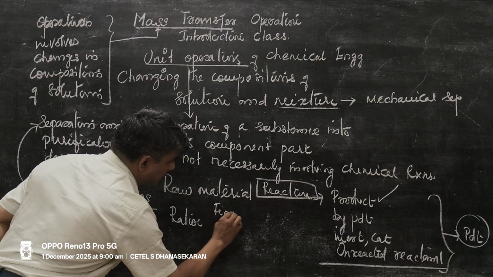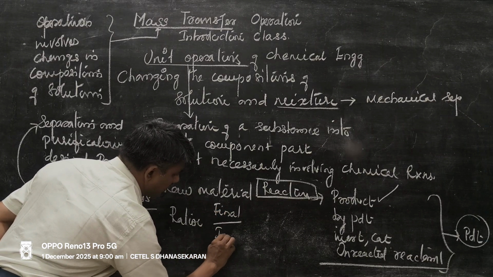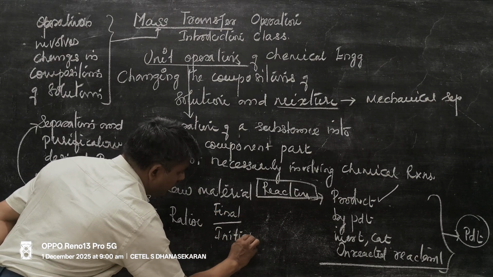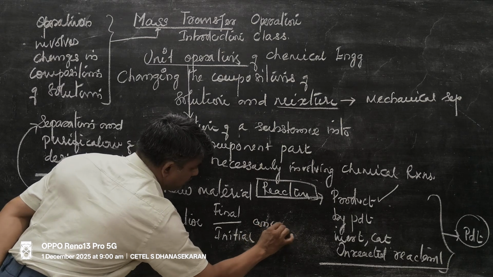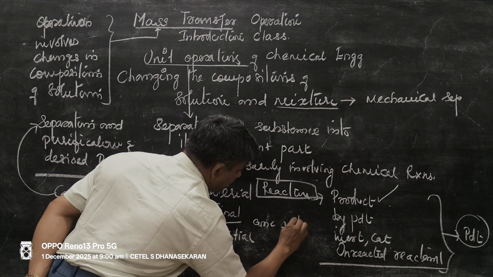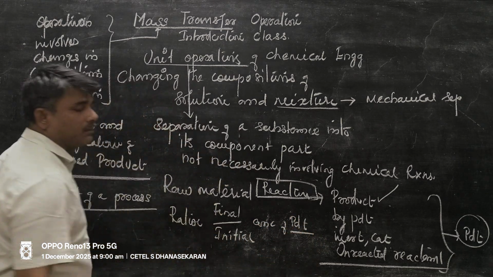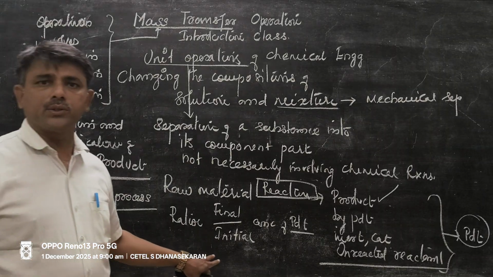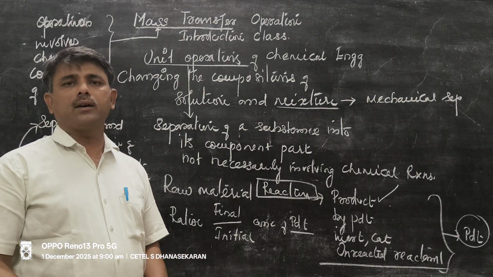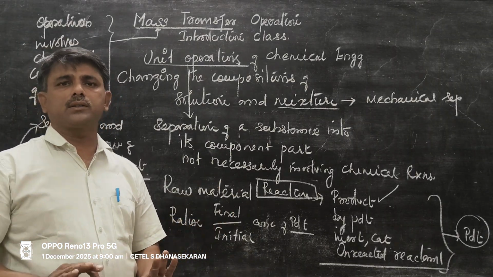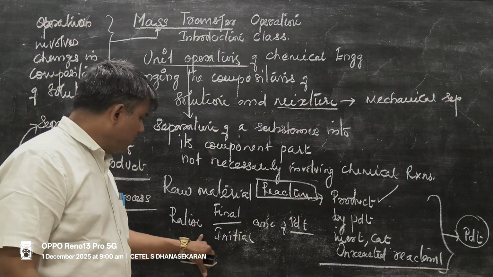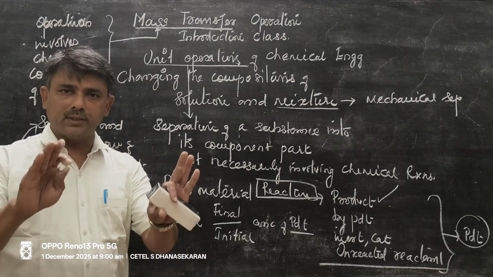If this ratio is too high, the product cost or process cost is more. If the ratio is less, the process cost is less.